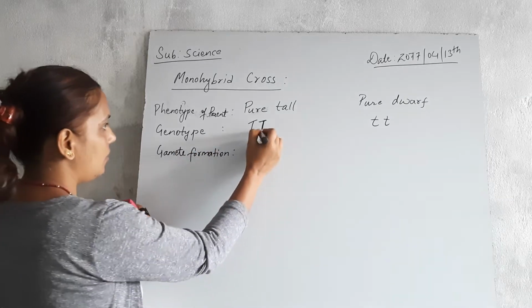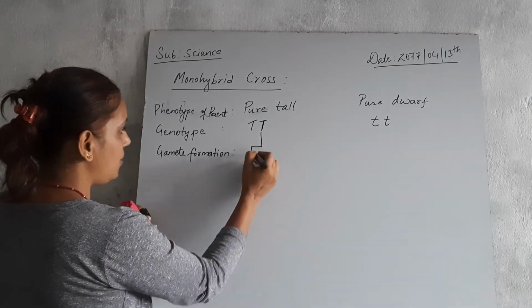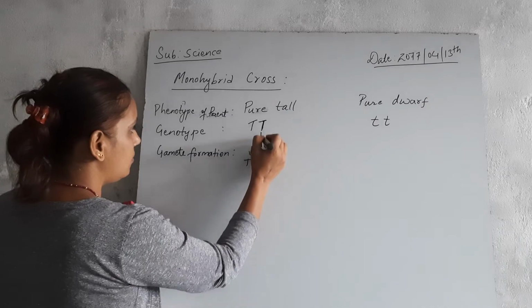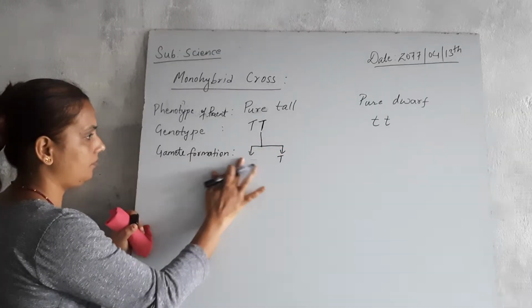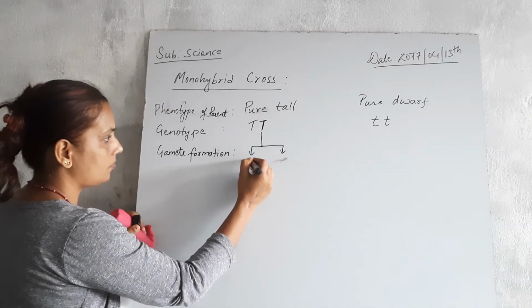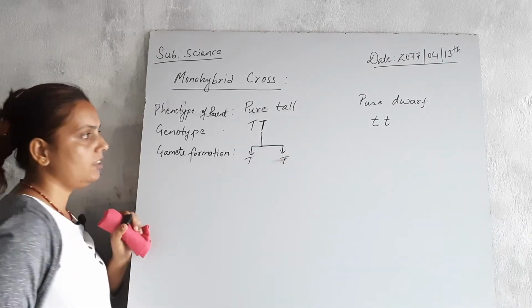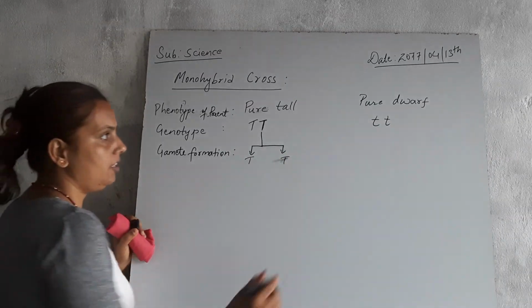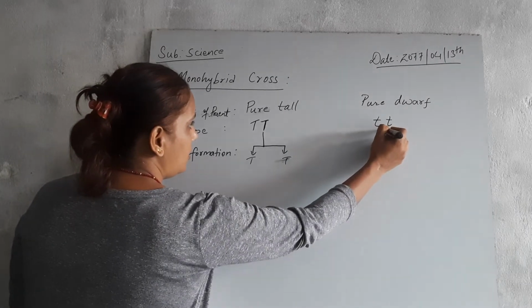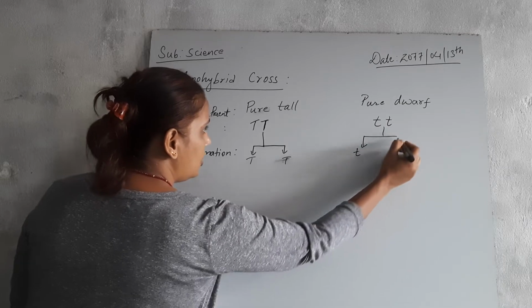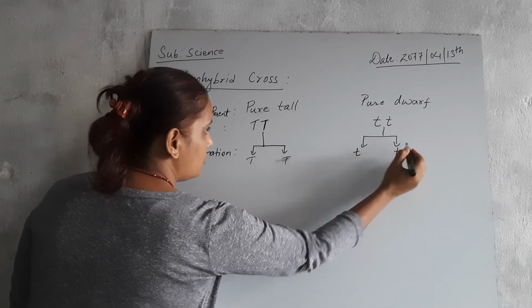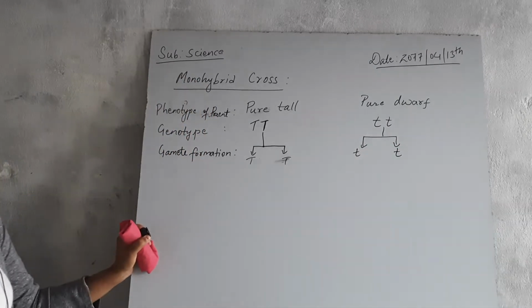It forms gametes of capital T, and similarly the dwarf forms gametes of small t, small t. In this way the gametes are formed.